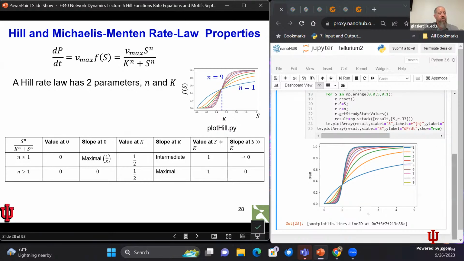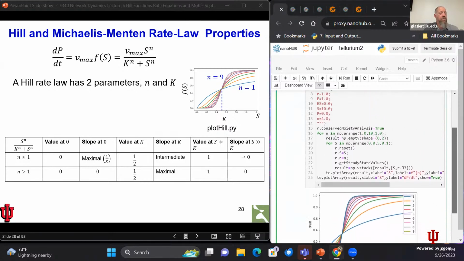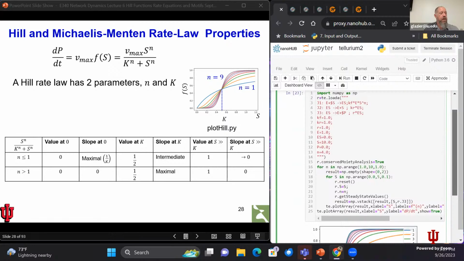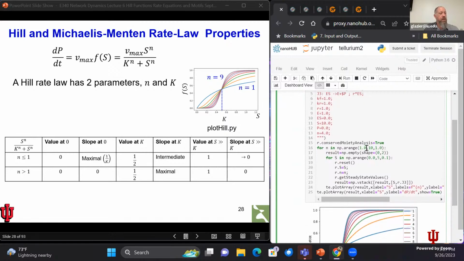And I could change my function here. The labels aren't going to work for it, but I could change my function to plot what happens, for example, if the exponent were between 0 and 1.